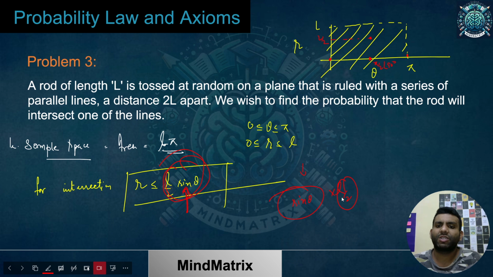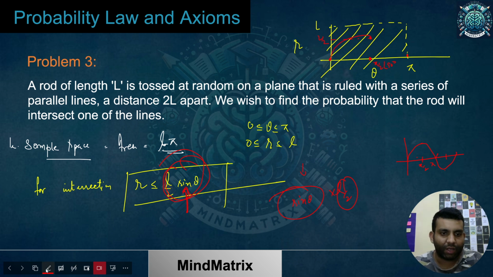So what is the graph of sine theta? It is something like this: pi over here, pi by 2 in between, 3 pi by 2 over here, and 2 pi over here, 0. We are considering only theta from 0 to pi, and we know the highest value present is L by 2. So it would be something like this.